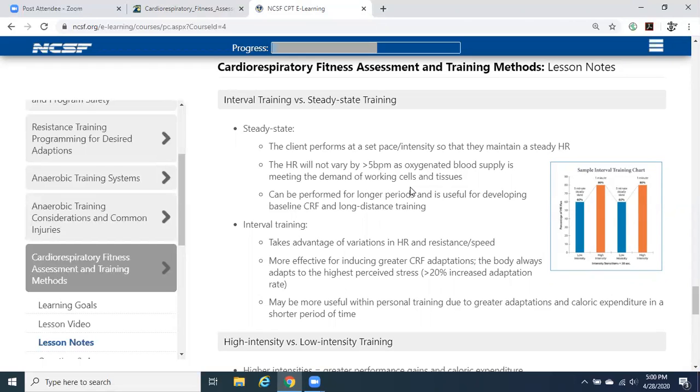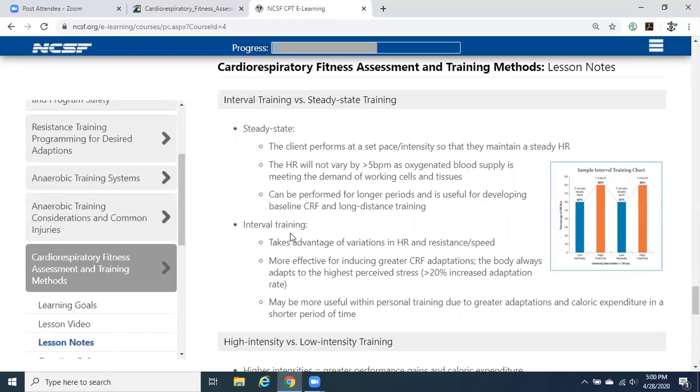Let's say your heart rate's at 120 beats per minute during the exercise, and it's not going to go up or down to 115 or 125. It's going to stay from 115 to 125, and this is going to help blood supply meet the demand of working cells and tissues. It can be performed for longer periods and is useful for developing baseline cardiorespiratory fitness and long distance training.